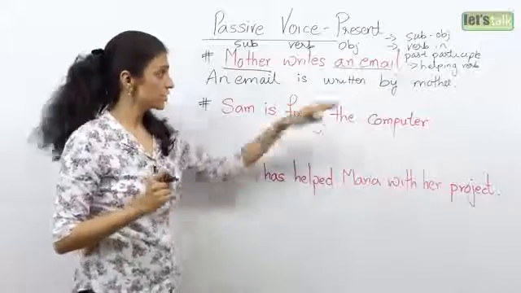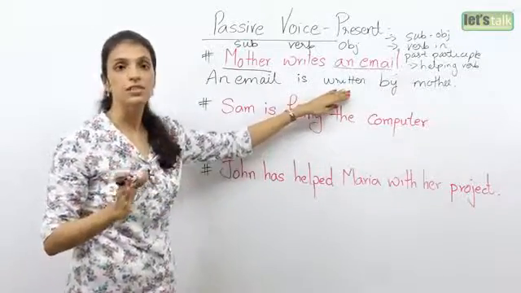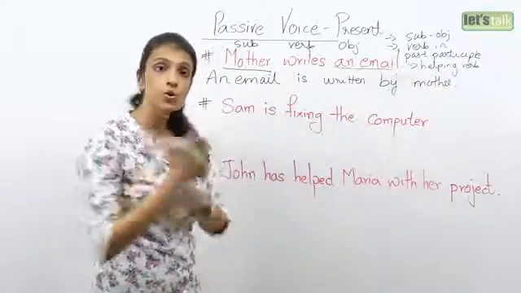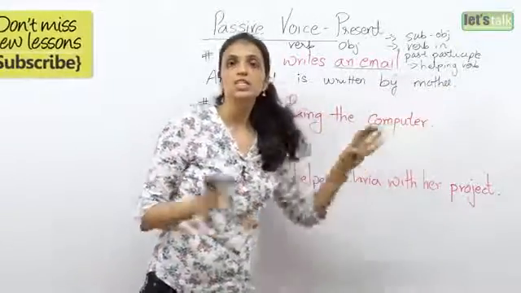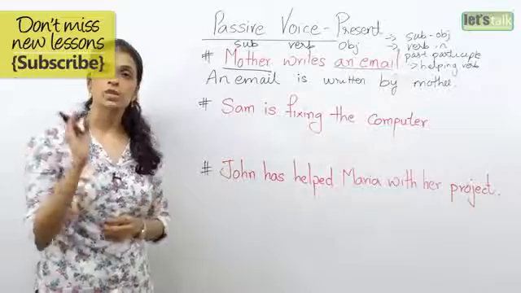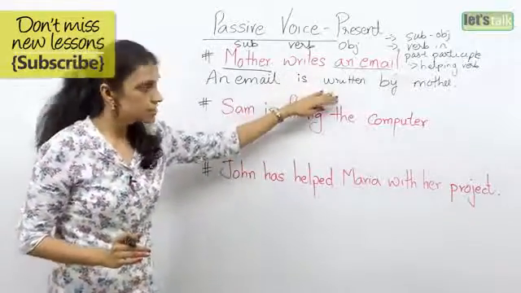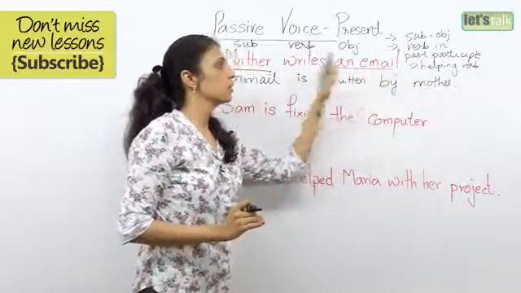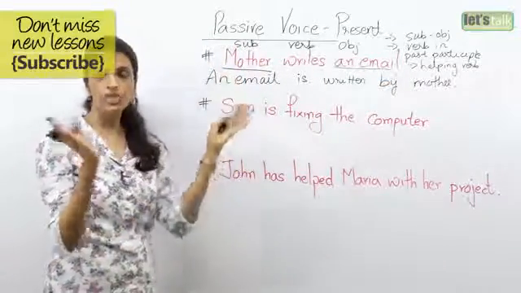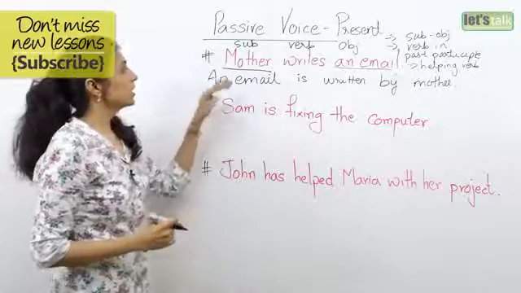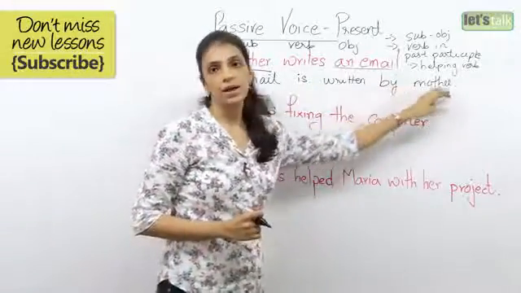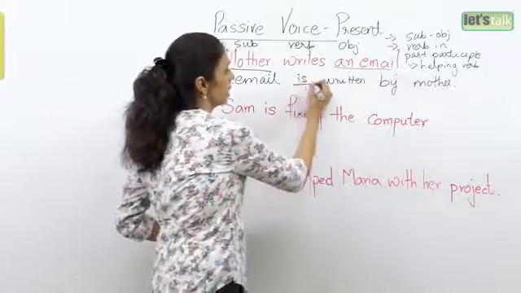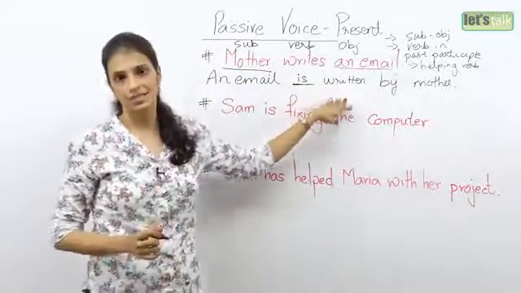Well, if you ask the question who has written it, you will still get the answer mother. That means though you have made her the object, she is still the doer of the action. You have kept it in the present tense, and yes, you have made the subject object and the object the subject. You have interchanged them, right? So an email is written by mother, right? Don't forget to add your supporting verb because this defines the tense.